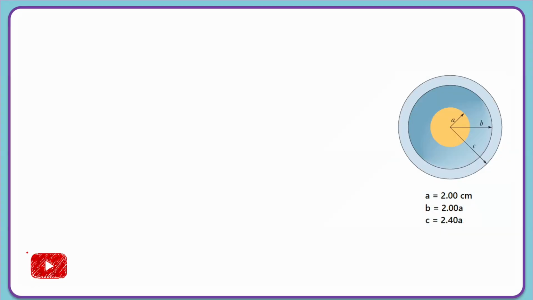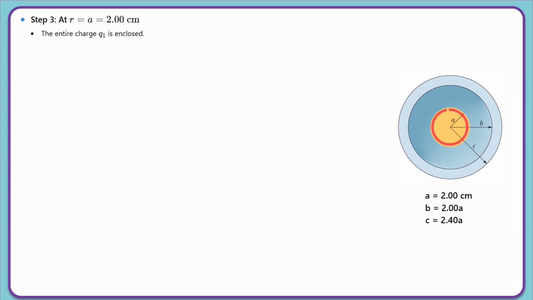Now, let's continue with the remaining 4 cases. Step 3. First, consider the point where R equals A, or 2.00 centimeters. This point lies exactly on the surface of the solid sphere.